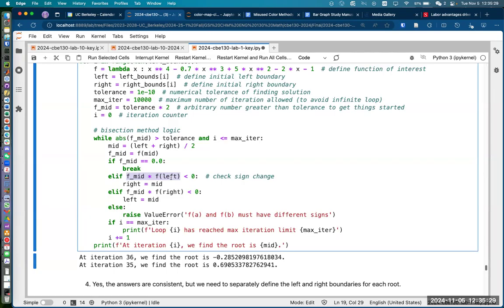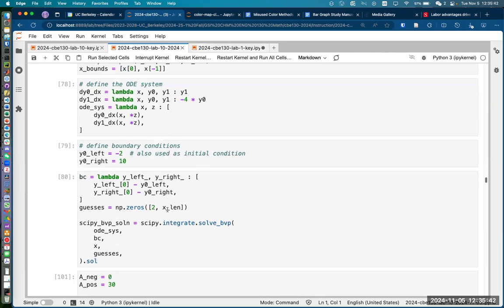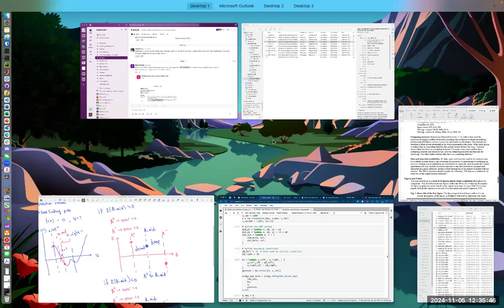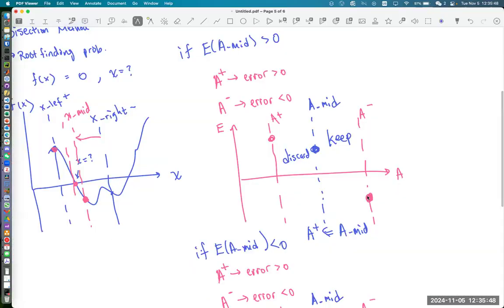So we're detecting if there's a sign change. So that's why we're multiplying them together. So the if-else logic is the same. But what we are caring about now is not sign change. We're caring about whether the error is positive or negative, which is already embedded in the error. We don't need the multiplication of them.